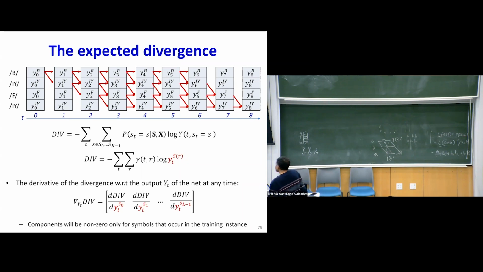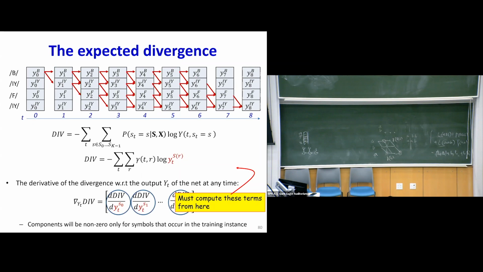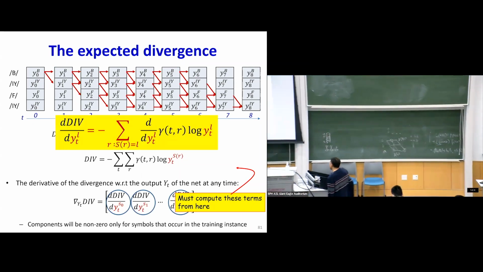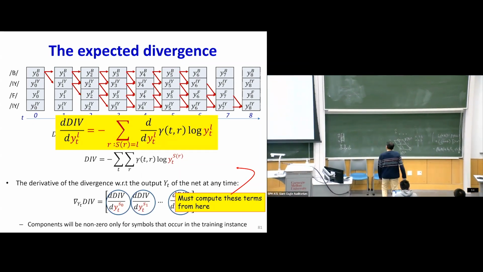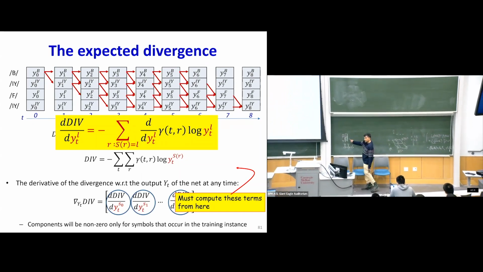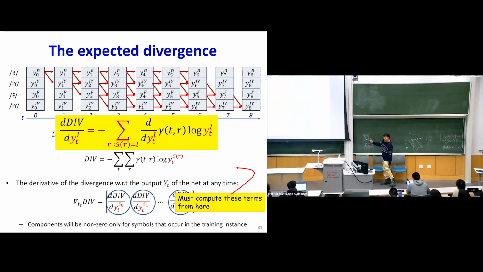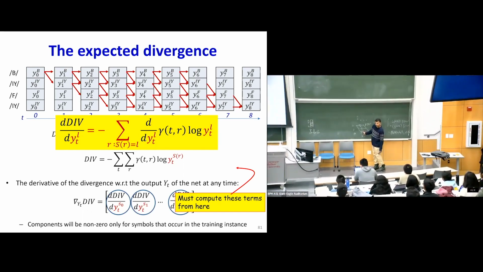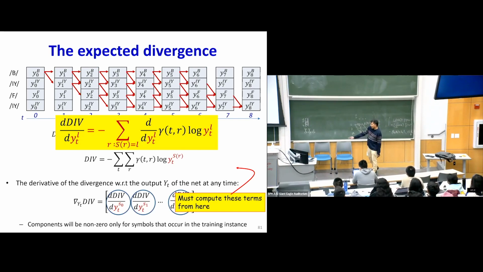And so if you look at this, I want to compute the derivative of the divergence with respect to the output of the network. Basically, in order to compute the derivative of the divergence with respect to any term, if it doesn't occur in the graph, that's going to be 0. If it occurs in the graph, I'm going to go over all of the nodes where that probability is invoked, and take the derivative of the negative sum over all of those nodes of gamma times the log probability.